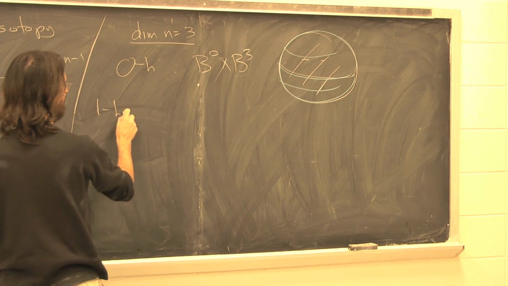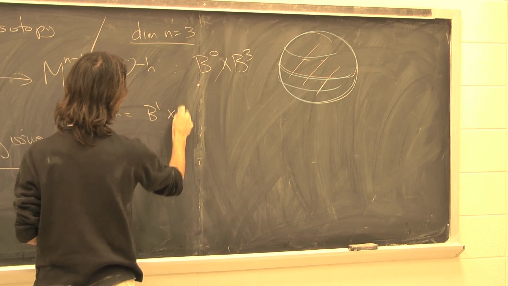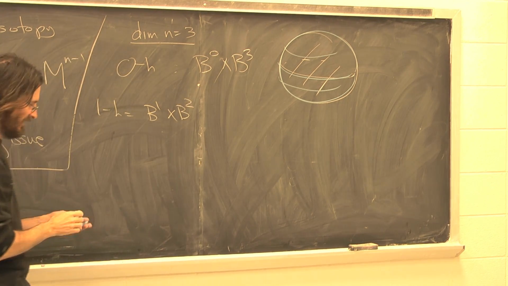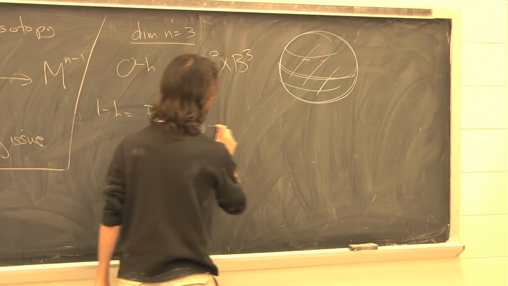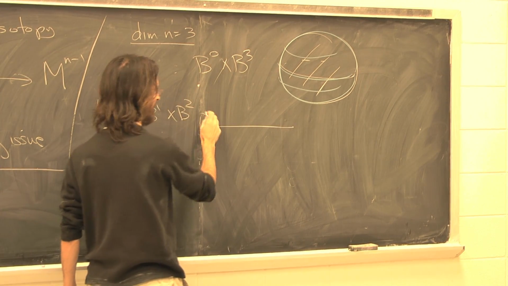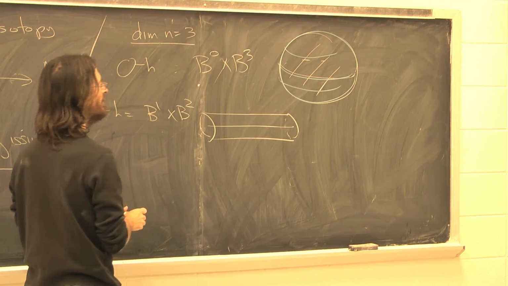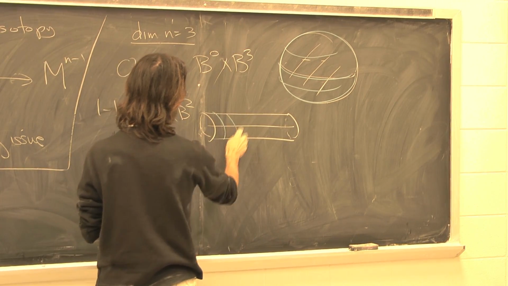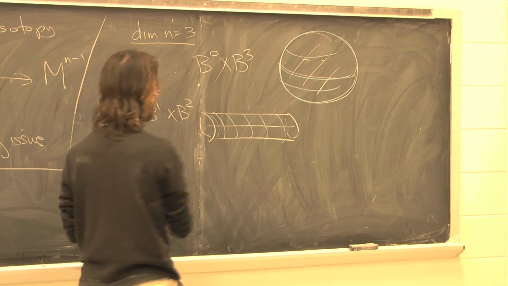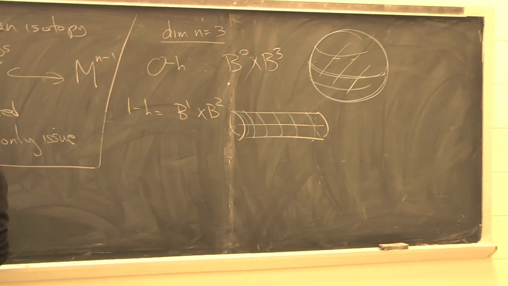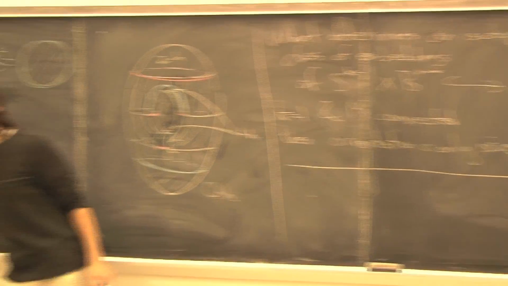One handle, B^1 cross B^2. So I'll draw my B^1 long and my B^2 skinny. Then the outside of this long tube is blue and the ends are red.